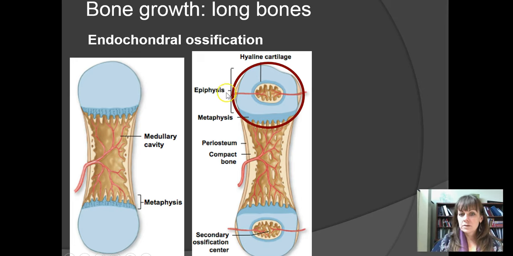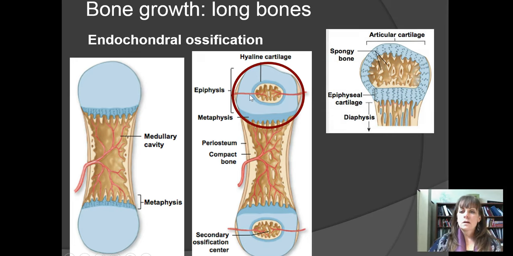Now we're going to do a close-up of just this epiphysis to see what happens. The first thing we're going to see is, again, we've got a region here, and on the outside we've got cartilage. Here's the diaphysis, here's the epiphysis.